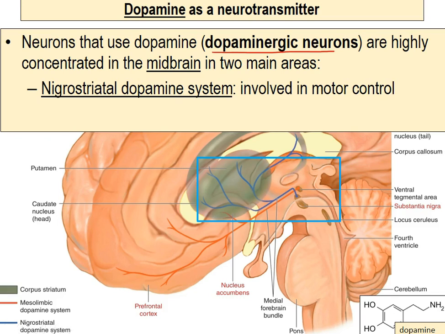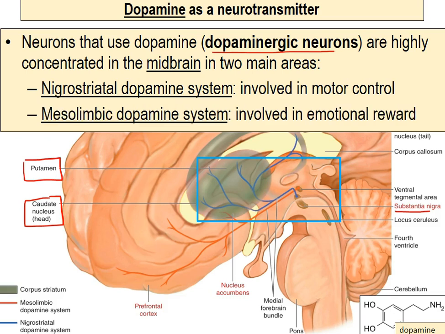The nigrostriatal neurons come from the substantia nigra, which can be seen here, and they go to the basal ganglia, to areas like, showing these neurons in blue here, the caudate nucleus and the putamen. These areas are involved in motor control.